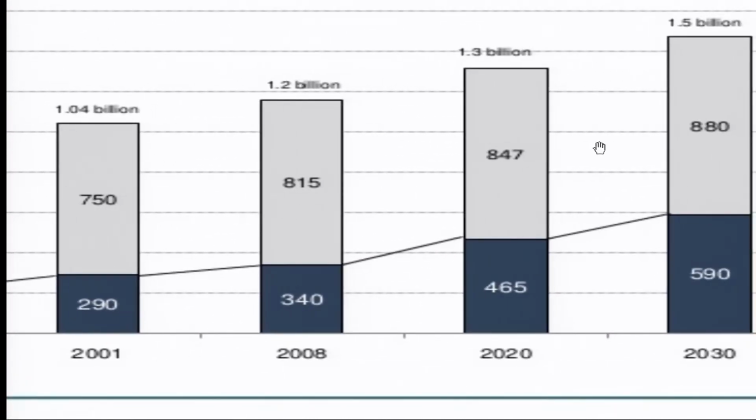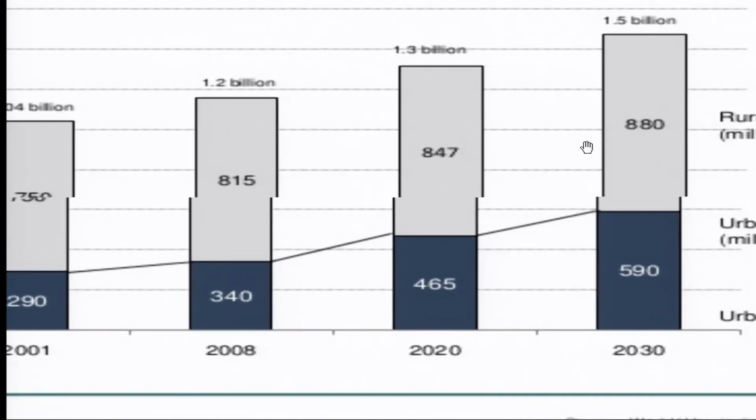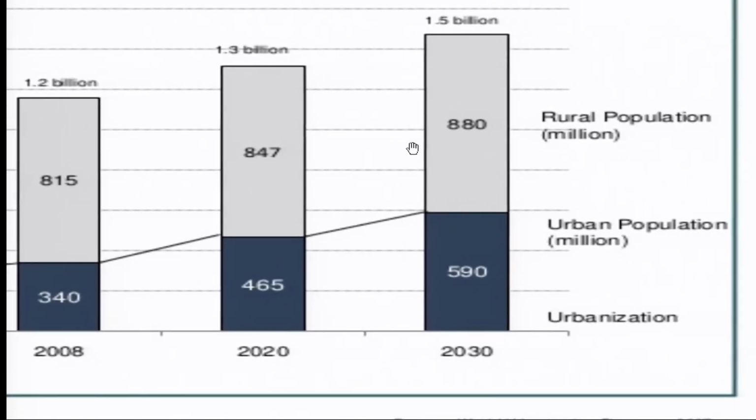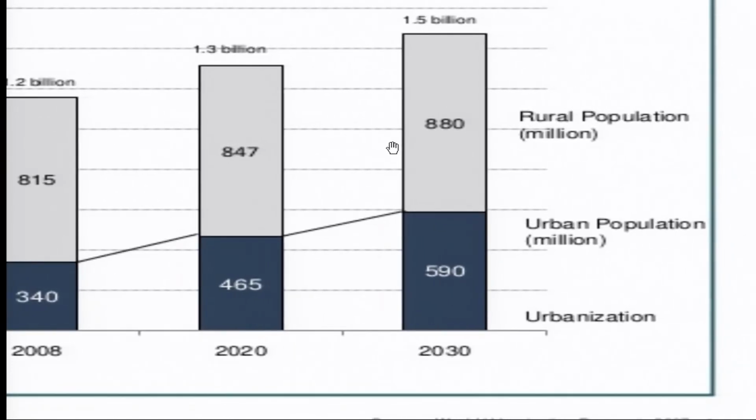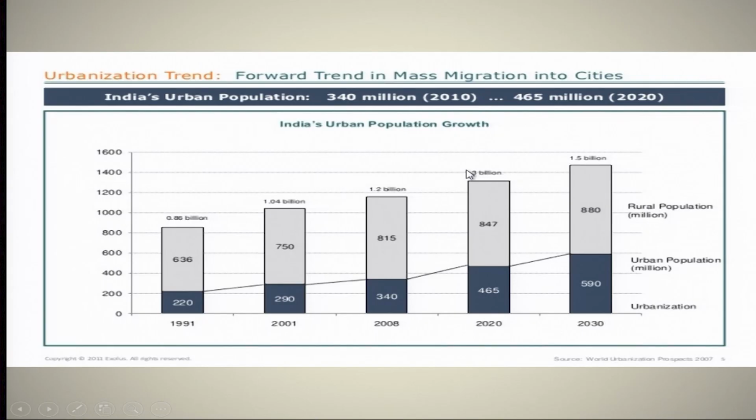In 2008, it has become 340 million, and in 2020, it has become 465 million, and in 2030, we are expecting a trend where the growth will be up to 590. Just see the urban population in millions. It is all due to urbanization where people get carried away and move from the rural areas and come towards the urban cities.